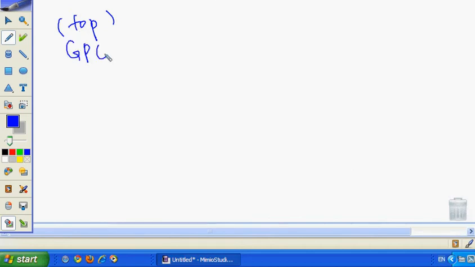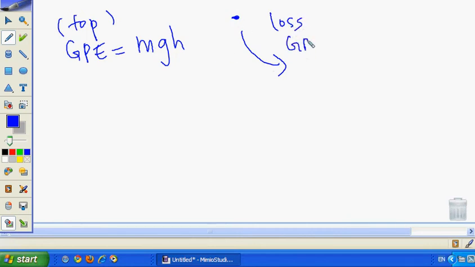So at the top, the object possesses gravitational potential energy, which is mgh. As it swings down, it loses height, so it loses GPE. When you lose GPE, based on conservation of energy, assuming there's no other energy loss such as sound and heat, you will gain KE. So you lose height, you gain KE.